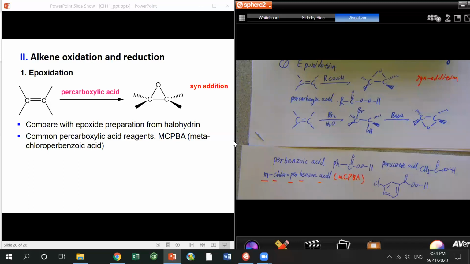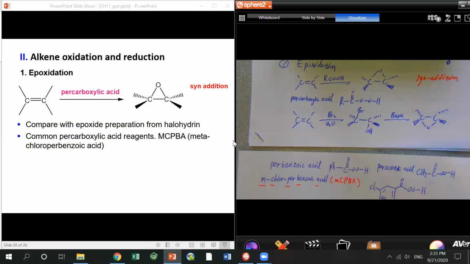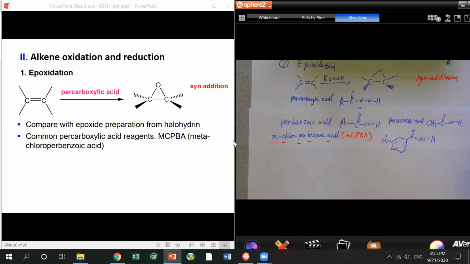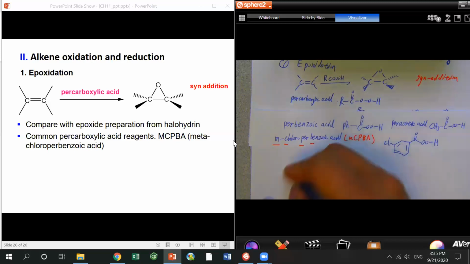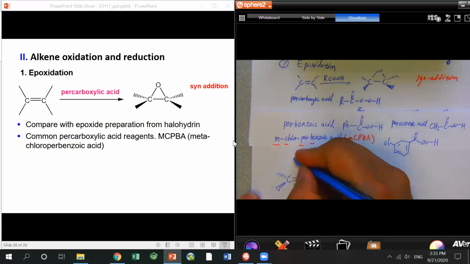For this reaction, the mechanism is actually not required, but if you have interest, I can quickly show you what's going on. We have the alkene, and then the peracid coming in, shown like this.